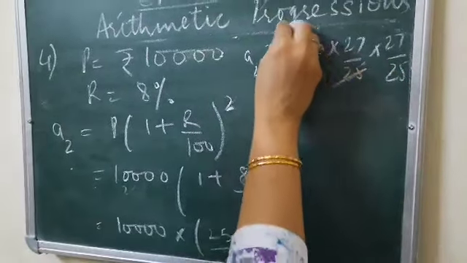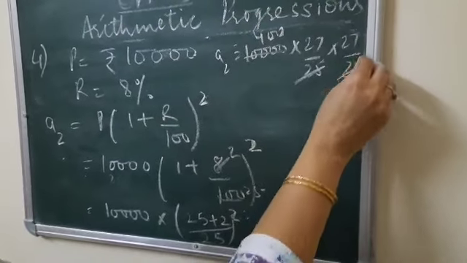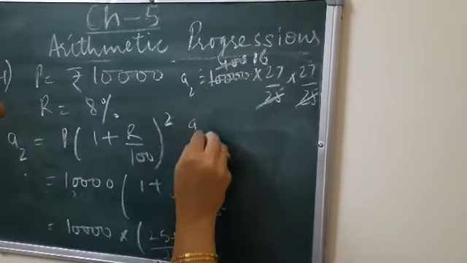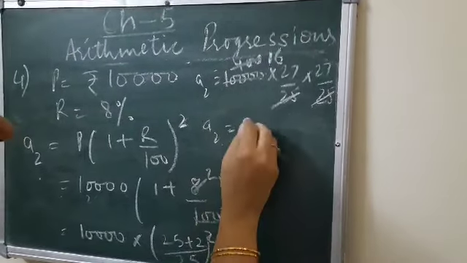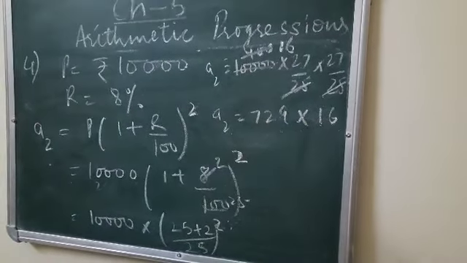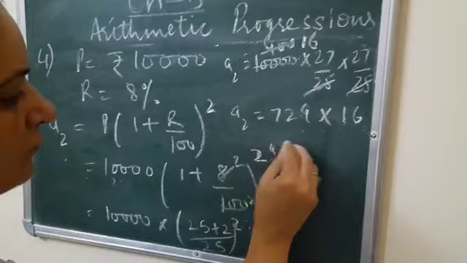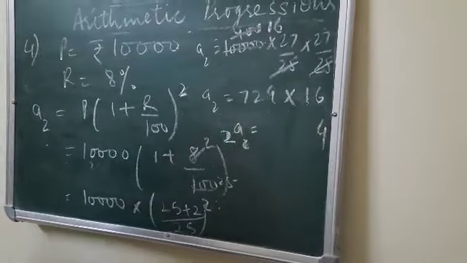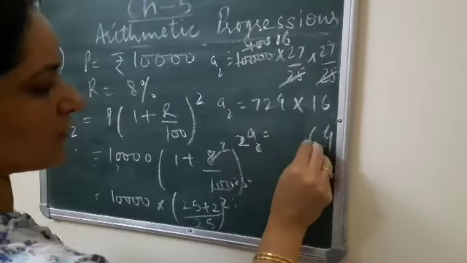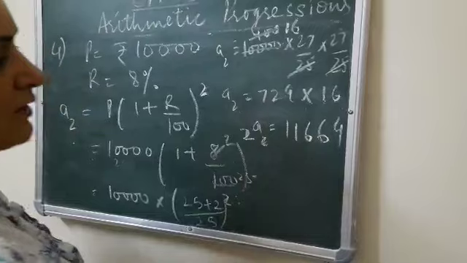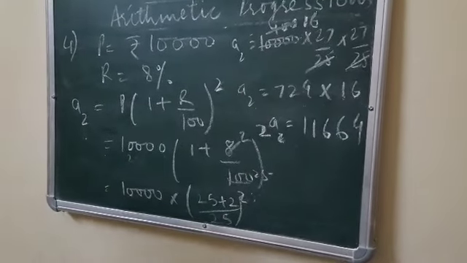Do the cuttings. It is 400, and then 25 ones are 16s are. So A2 will be 729 into 16. Right? A2 will be equal to 16 nines are 144, 14, 32 and 14, 46, 4, 16, 7 are 102, 116. So this is our second A2.